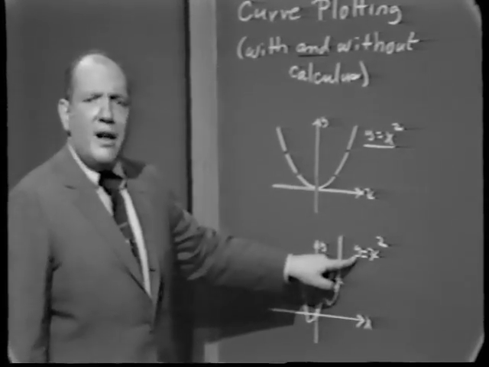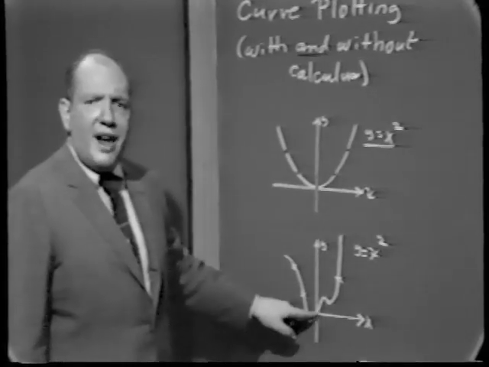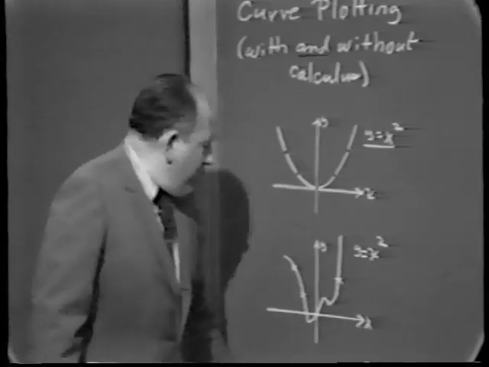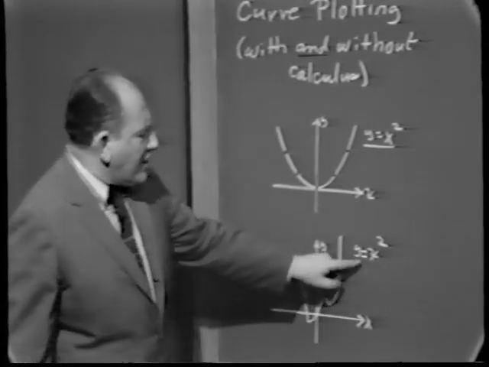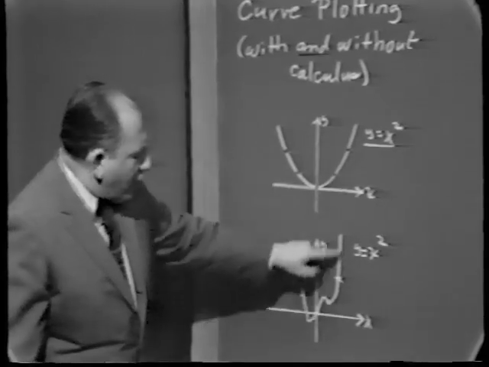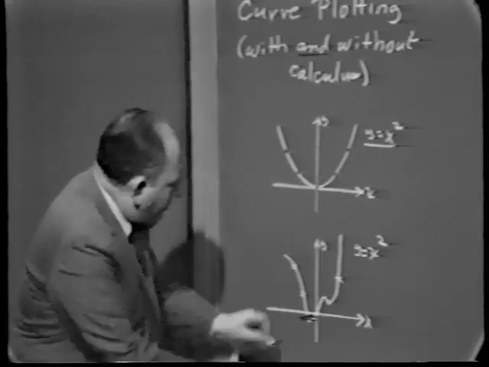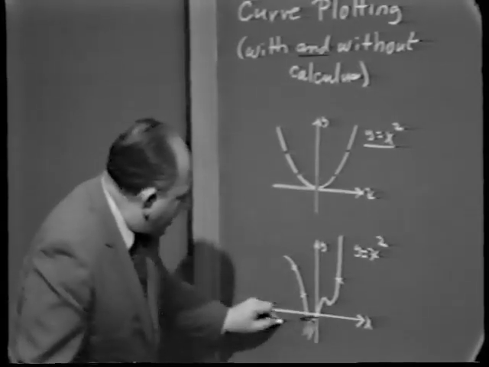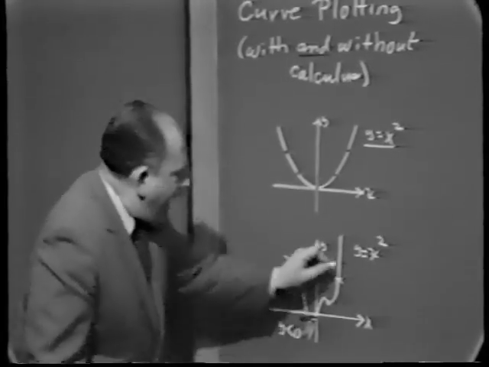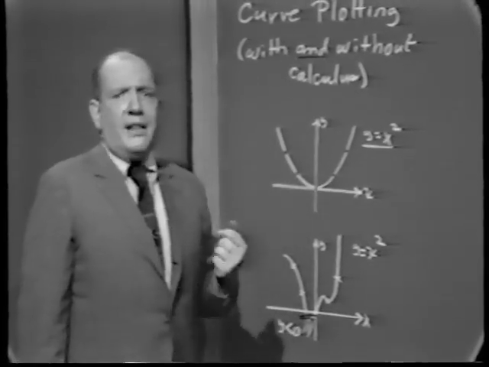And pictorially, this means that no portion of our diagram can be below the x-axis. In other words, without knowing anything about calculus, but knowing a little bit about arithmetic, we can supplement our knowledge of how the points go by saying, look, something like this can't happen because in this region over here, y would be negative, and we know from the relationship that y equals x squared that y cannot be negative.